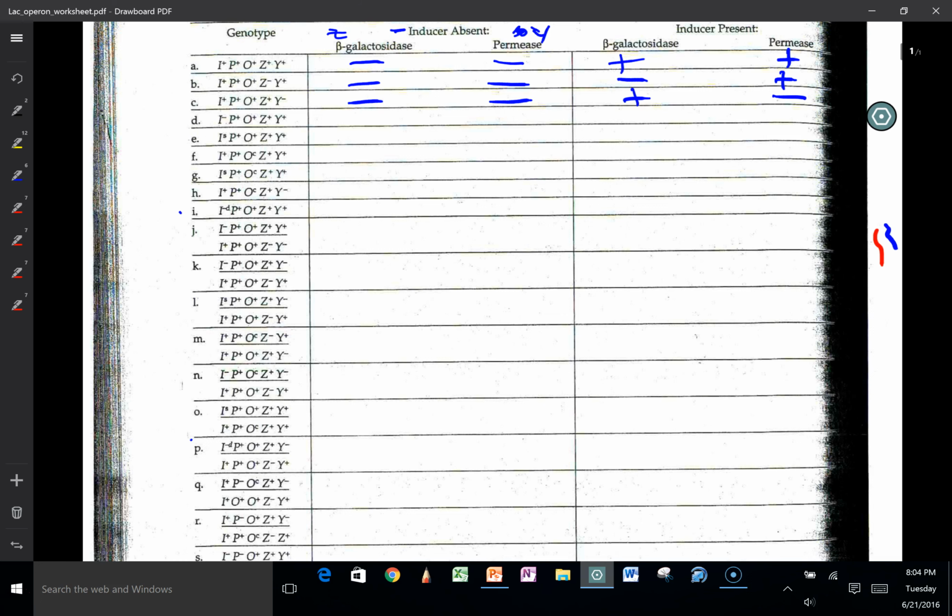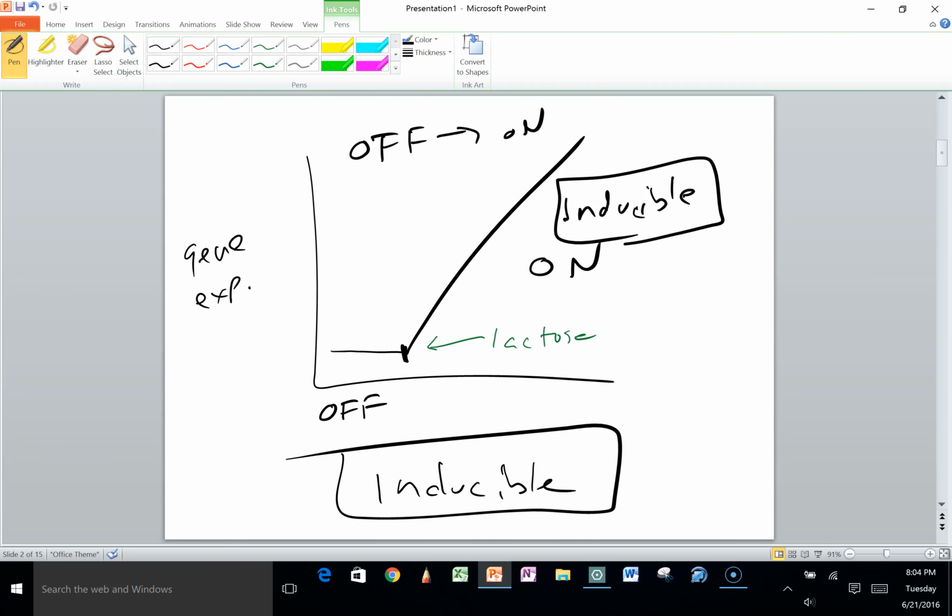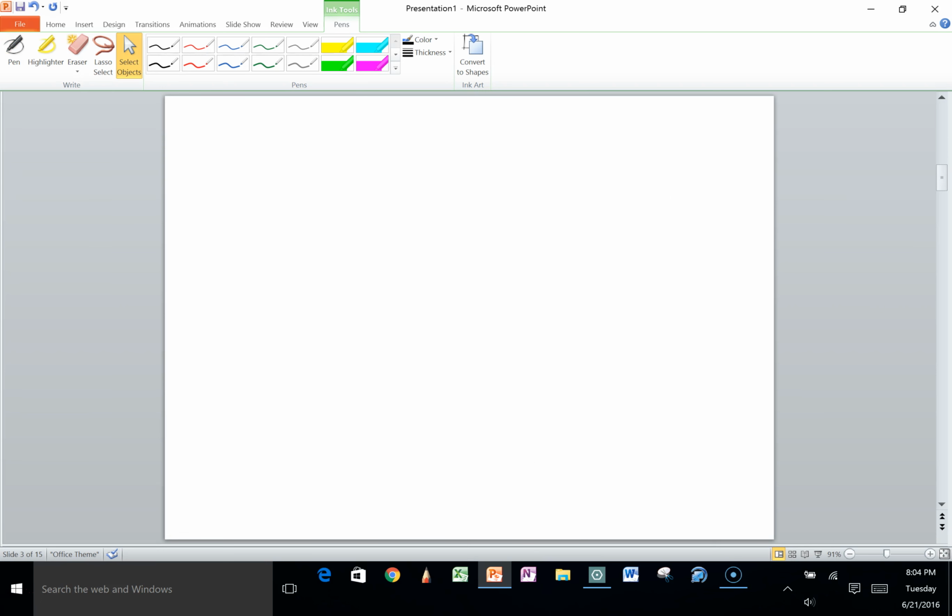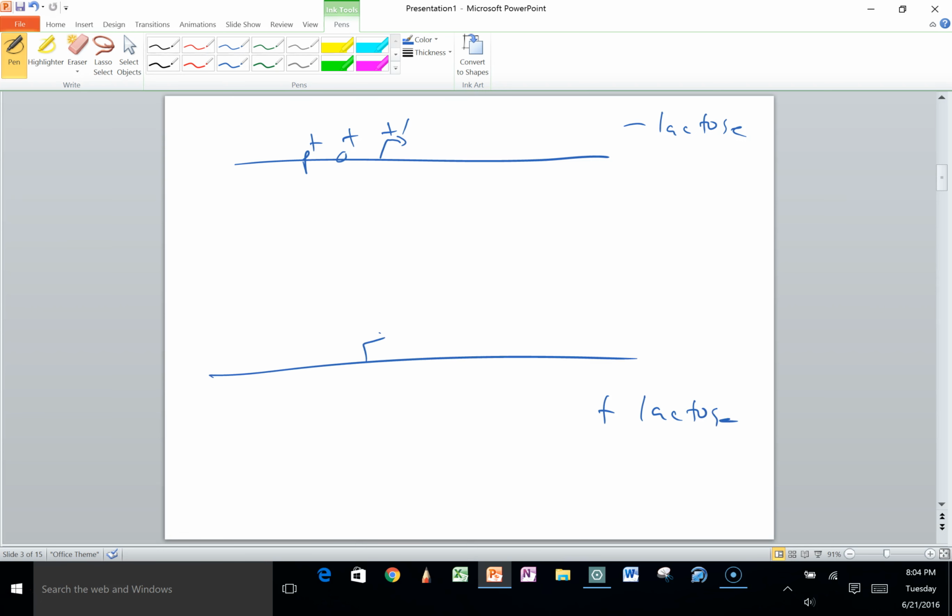I minus, so now we don't have a repressor, because I stands for the repressor. So if we have a gene and we have minus lactose, plus lactose, now we're I minus.